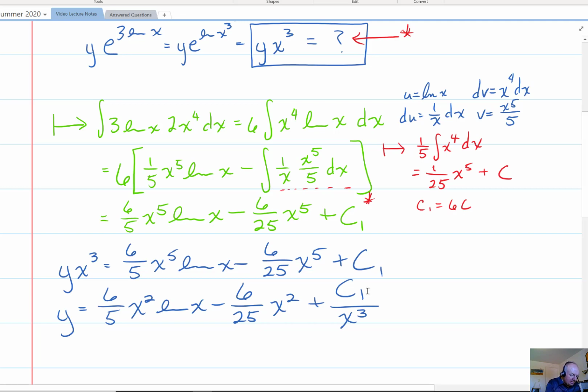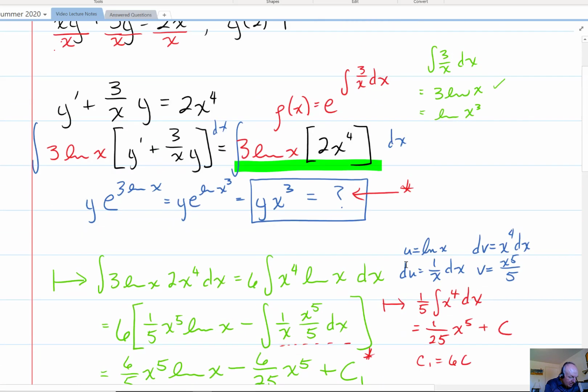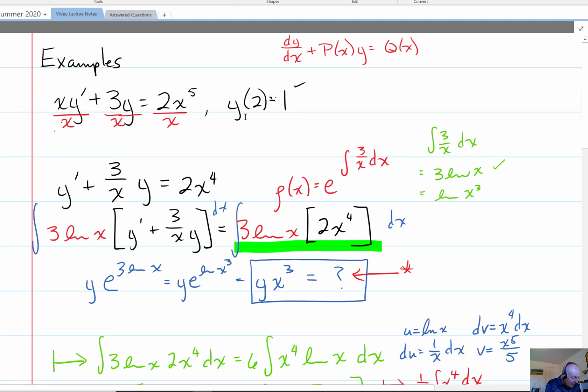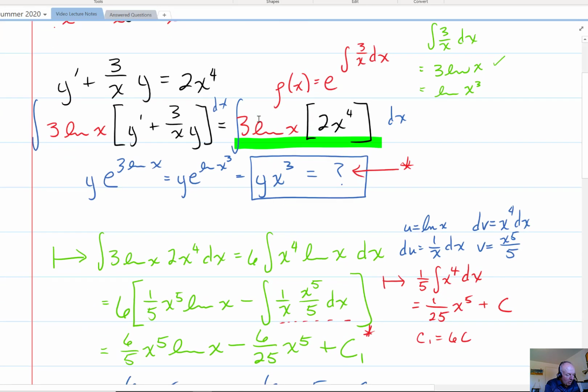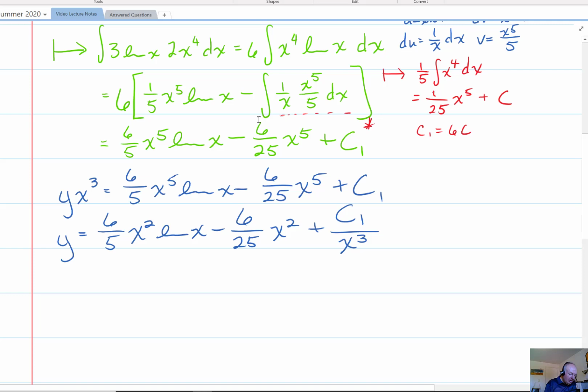And you know what? Let's see. If we want to then continue to solve for our initial value, which is 2 comma 1, right? Let's do that over here on the side. So I get out a 1 if I plug in a 2.